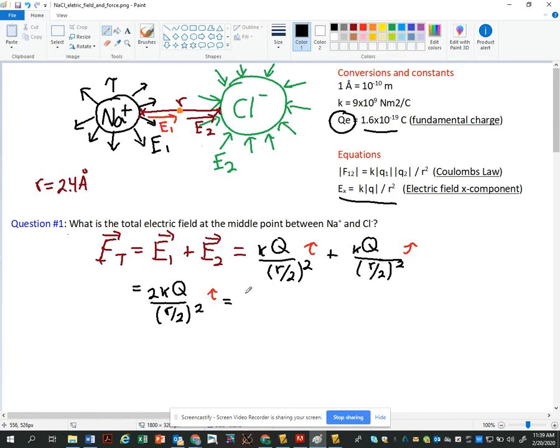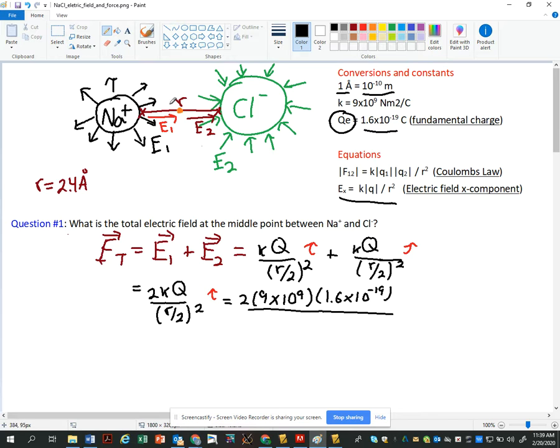So substitute the numbers: 2 times, the constant is 9 times 10 to the 9, that's Coulomb's constant, Q is 1.6 times 10 to the negative 19, over the distance. Now the distance has to be in meters. Remember, because you're using metric units, the conversion is 1 angstrom equals 10 to the negative 10 meters.